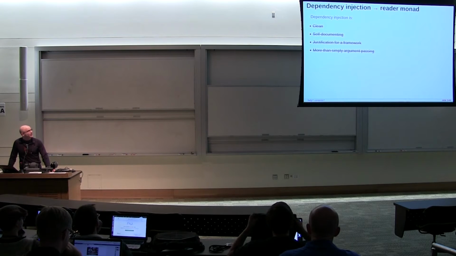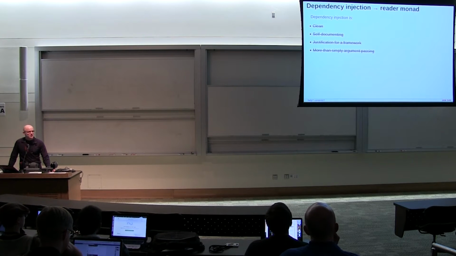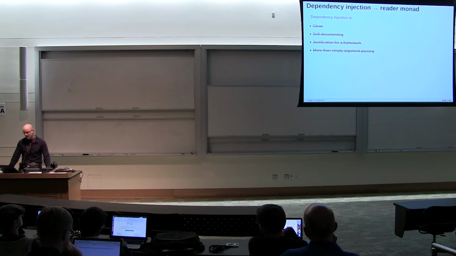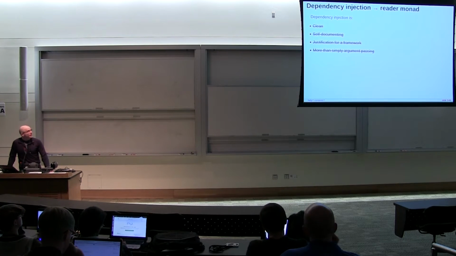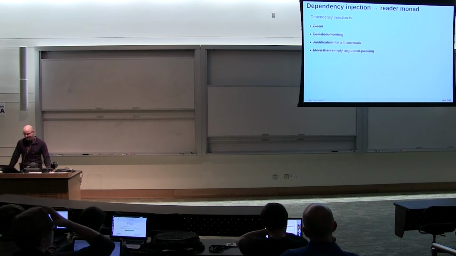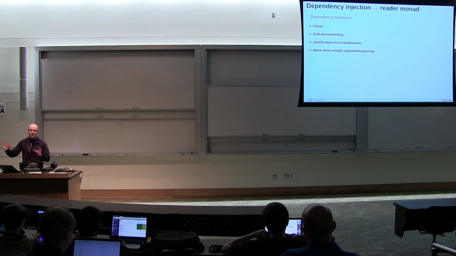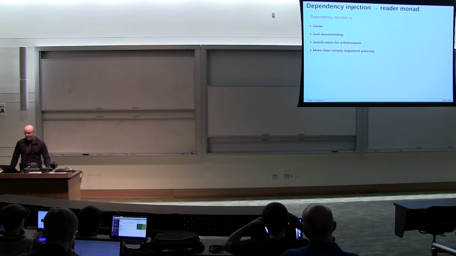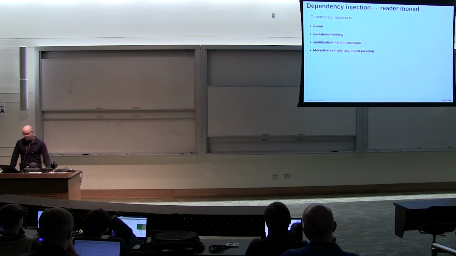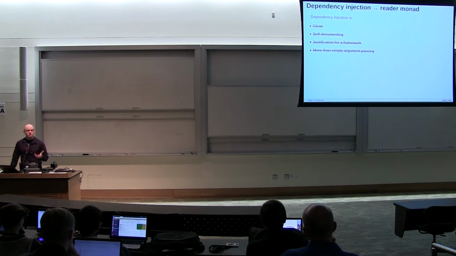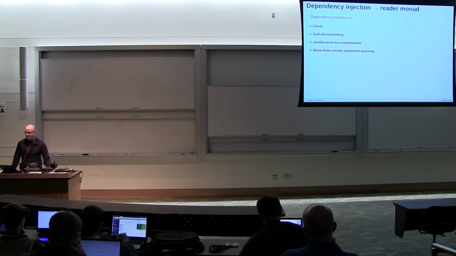So the first one, I chose this one because dependency injection, at least in my world of enterprise Java programming, is a huge pattern. It's all over the place. And it's awful. It's not clean, especially if you've worked with these frameworks before. You have your configuration scattered about and often written in a non-statically typed way. Because of this, it tends not to yield code that documents itself through types.